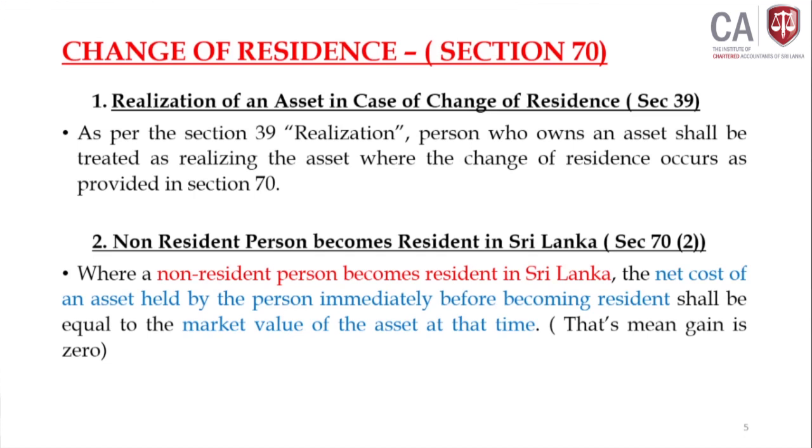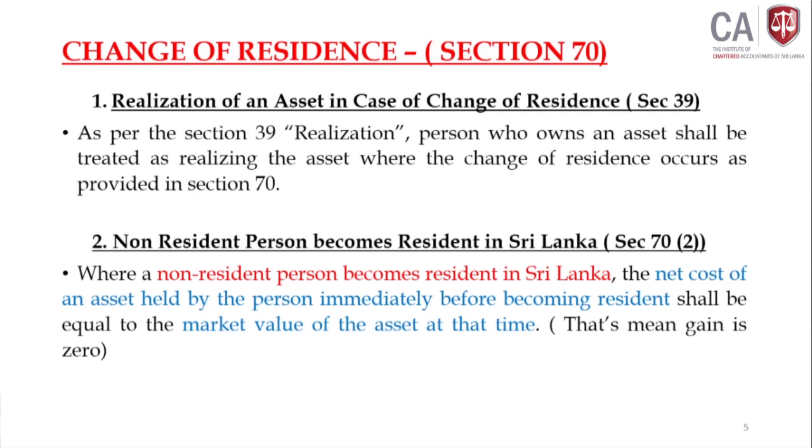For example, I will take an individual example for your ease. In that sense, a foreign citizen is permanently coming to Sri Lanka; for the rest of his life he is going to stay in Sri Lanka. Now the residentship is changing from one country to another country.